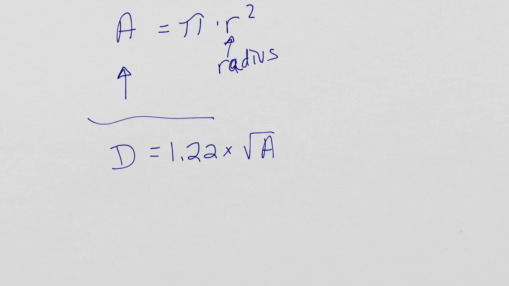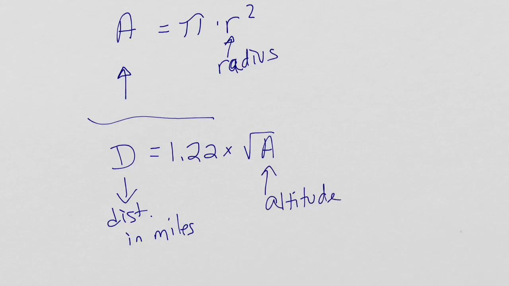In this, D is the distance in miles, and A is the altitude or the height in feet. So that will be part of the homework assignment that's associated with this lesson.